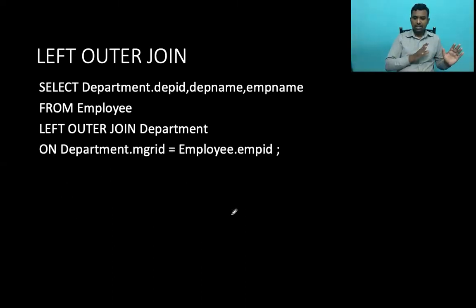Same query as we have seen previously, but here it is going to be a left outer join. So which is my left table? Employee is my left table, correct? Employee is on my left and department is on my right.